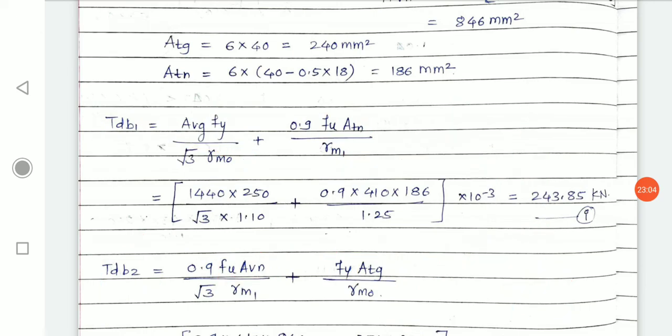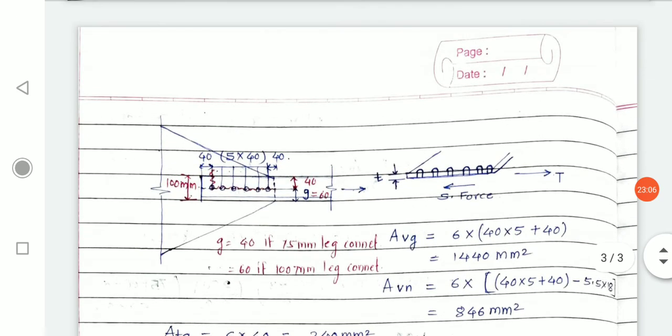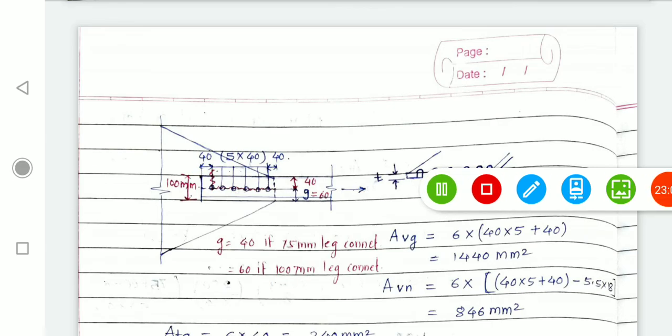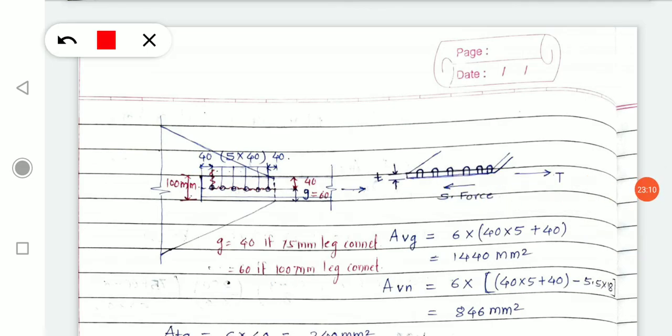Now what are those areas? See here, if you are connecting a gusset plate with the angle, this is your angle, and if you apply a tension upon it, I have shown a 3D diagram over here. This is the 3D view.